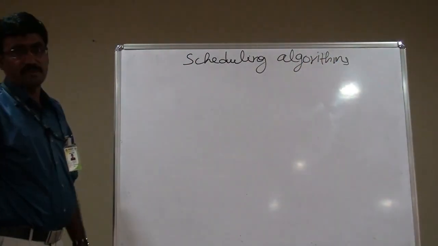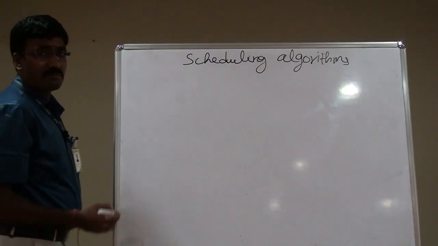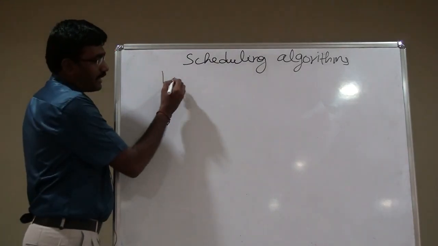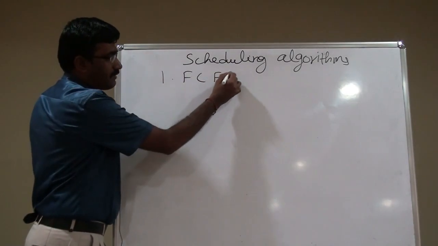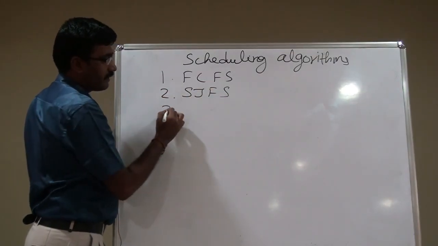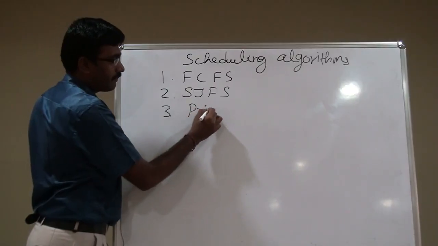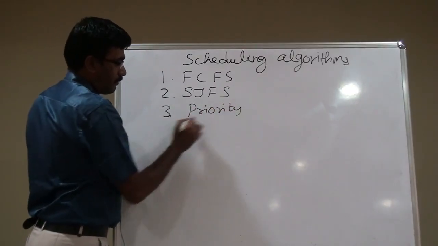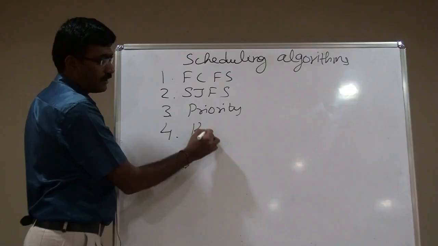In the scheduling algorithms, totally different algorithms are there. First one is first come first serve. Second one, shortest job first scheduling. Third one, priority scheduling. Fourth one, round robin scheduling.